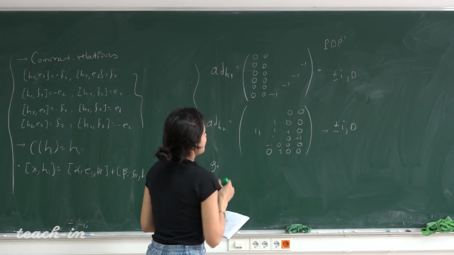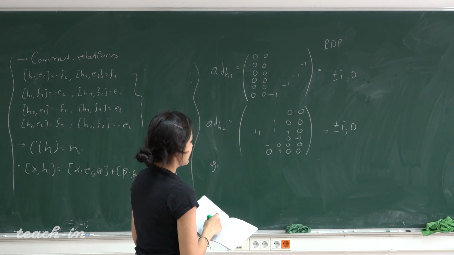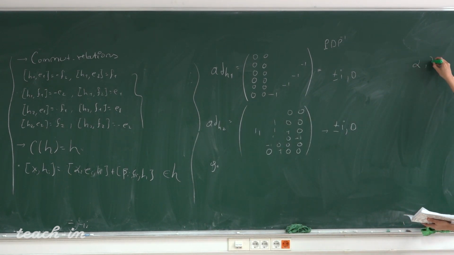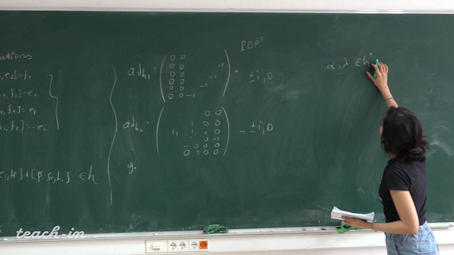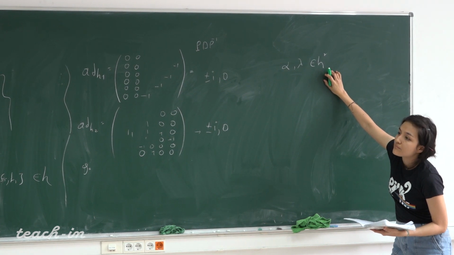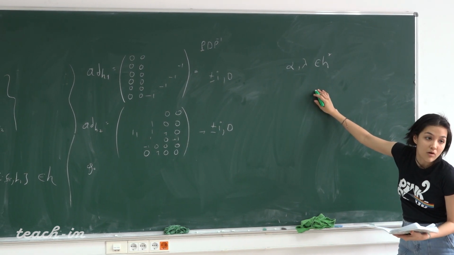Okay. So I wanted to find the roots. We know these alphas or lambdas, whatever, are in H star. But here we can think of this linear functional as a tuple, as a row vector.